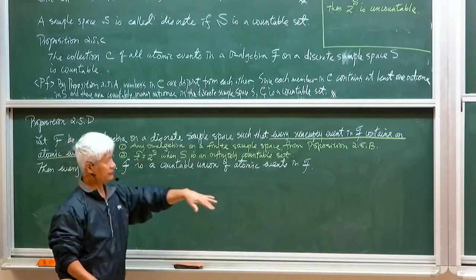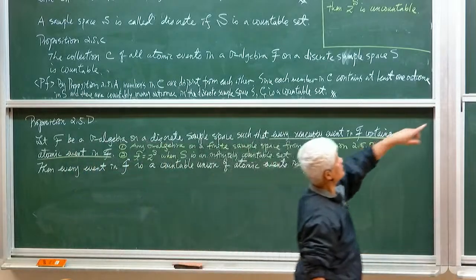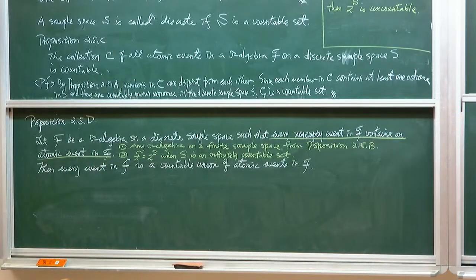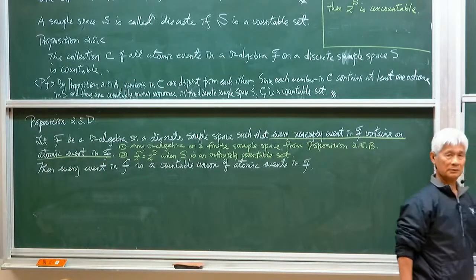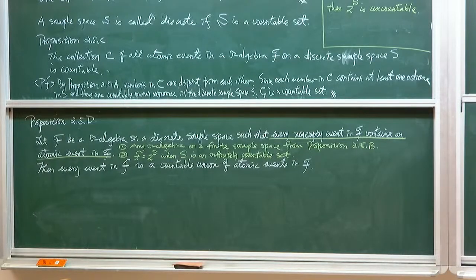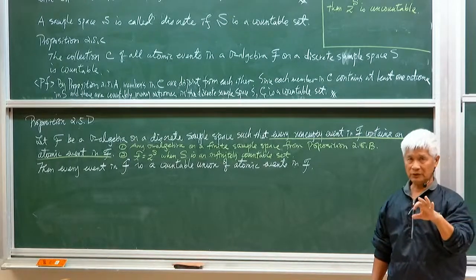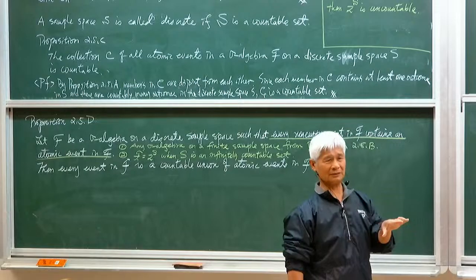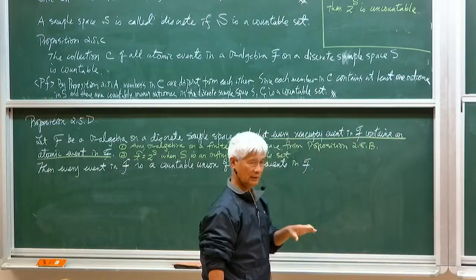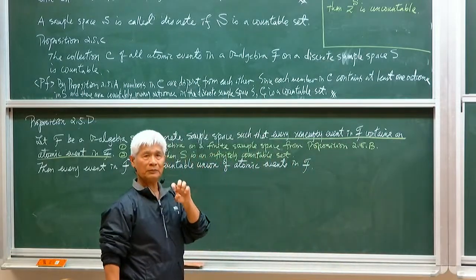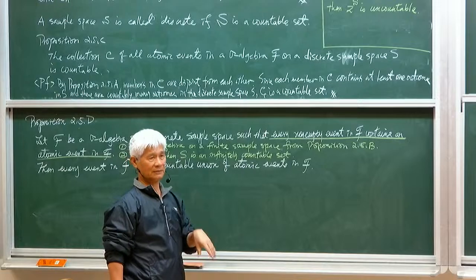Because as we have shown here, if we select the sigma algebra to be the power set of a discrete subspace, then atomic events in F are just the singletons. So the minimum events will be singletons.